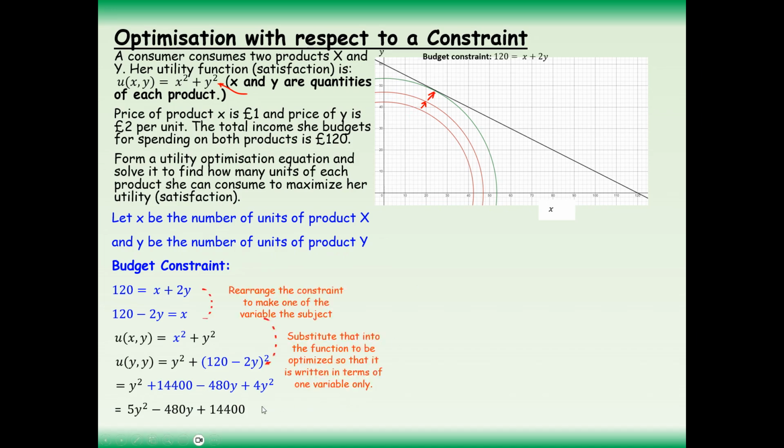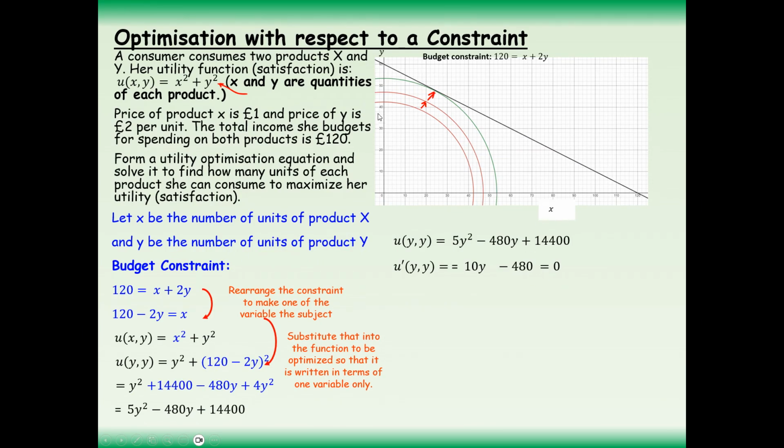So we want to differentiate this with respect to y, we said. Let's do that, and we're going to get this expression here. And now what do we do? We put it equal to 0. Once you differentiate it, you almost always set it equal to 0 to find the coordinate of the turning point. In this case, we are finding the y coordinate.